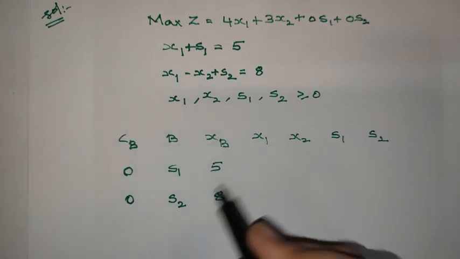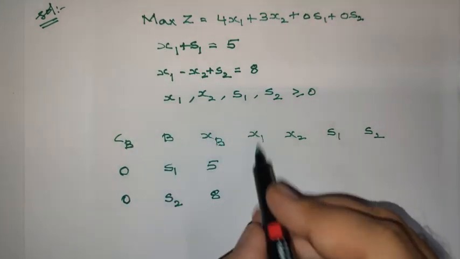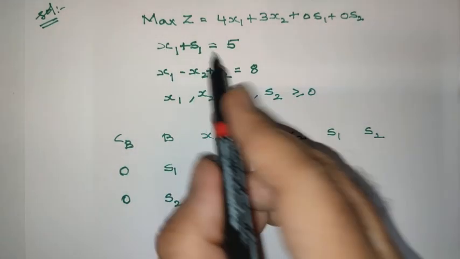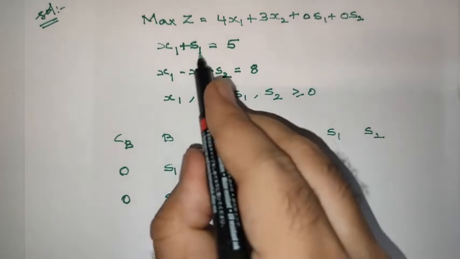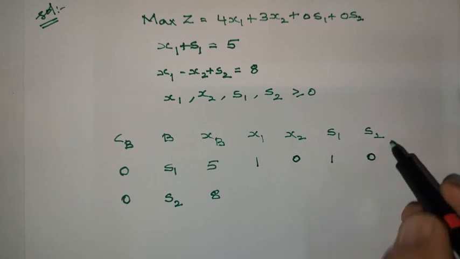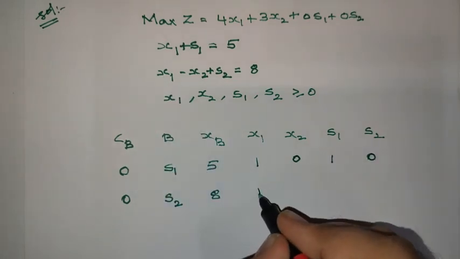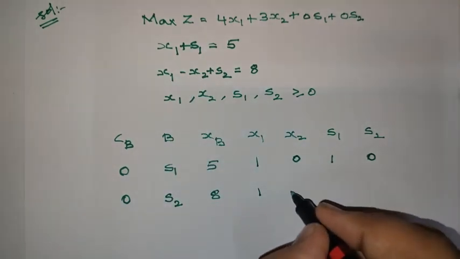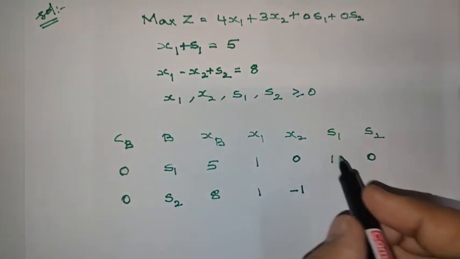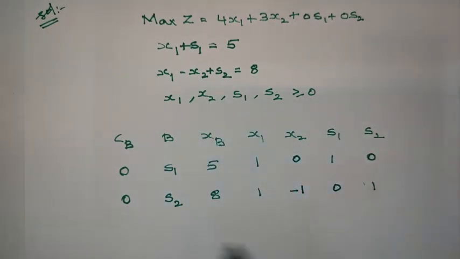Take the first constraint: x1 coefficient is 1, as x2 is not there, 0. The s1 coefficient is 1, as s2 is not there, the coefficient is 0. Next, take the second constraint: x1 coefficient is 1, x2 coefficient is minus 1, s1 is not there so 0, and s2 coefficient is 1.